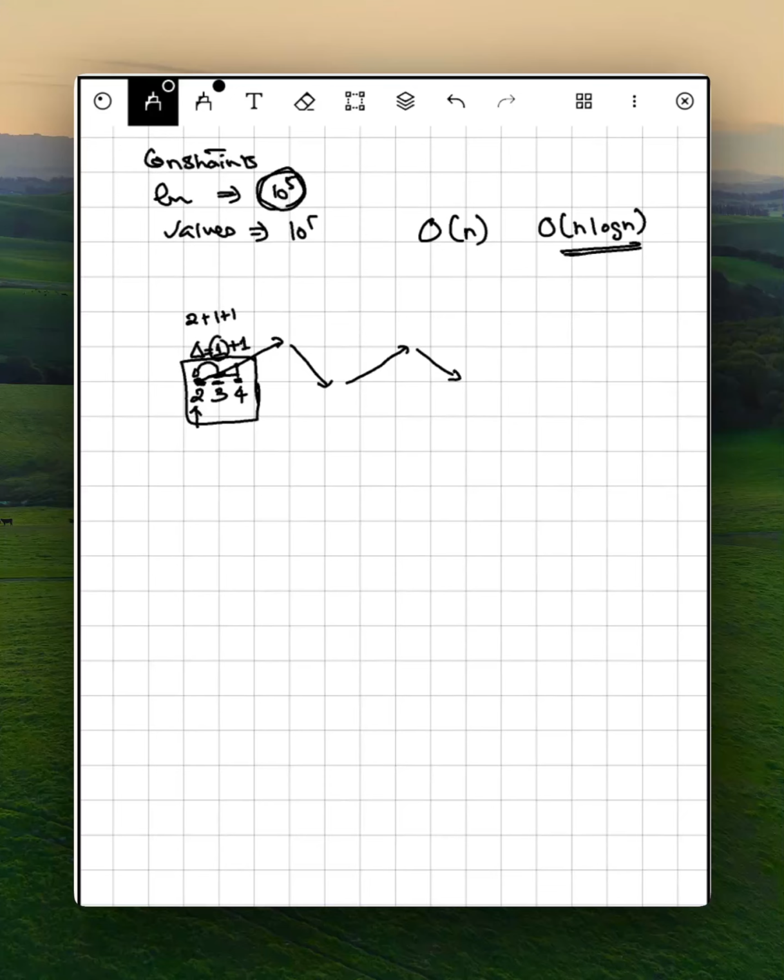But if I am decreasing, so let's say this happened to be 5, and then I have 3, 2, 1. If I have achieved 3, that means I have already iterated 3 times: the first time I had 1, the second time I had 2, and the third time I had 3.